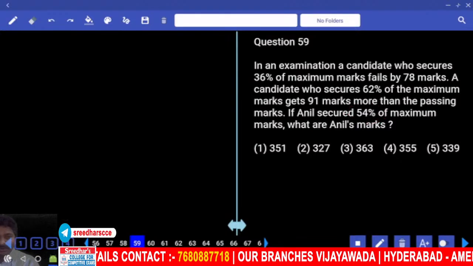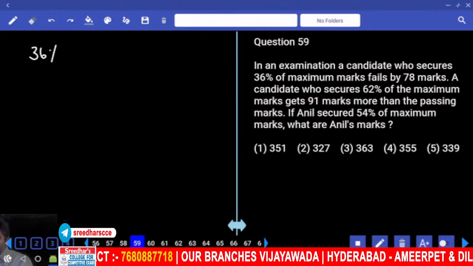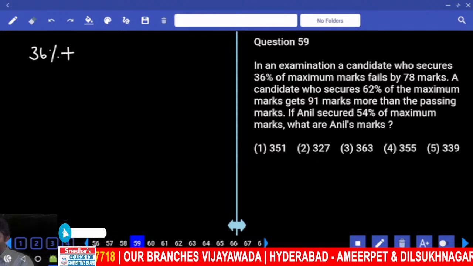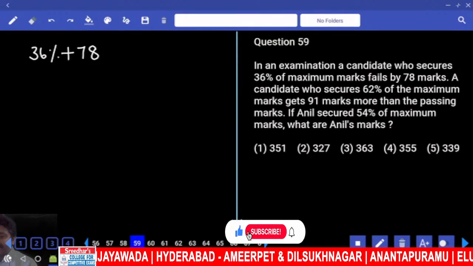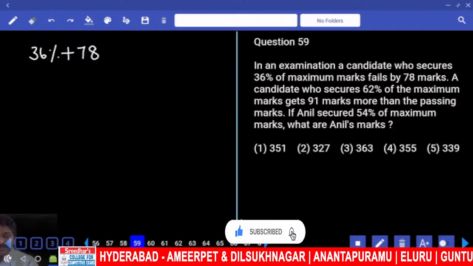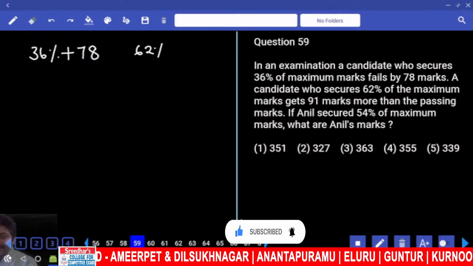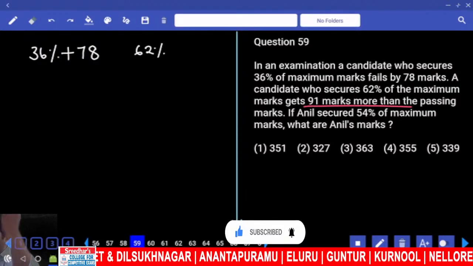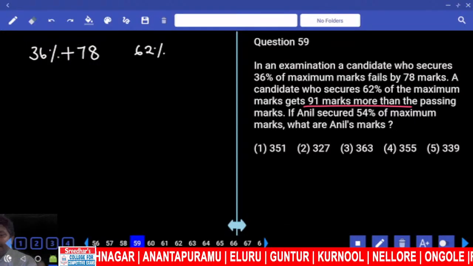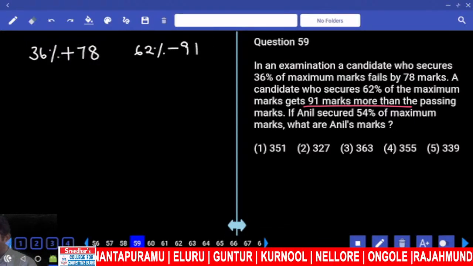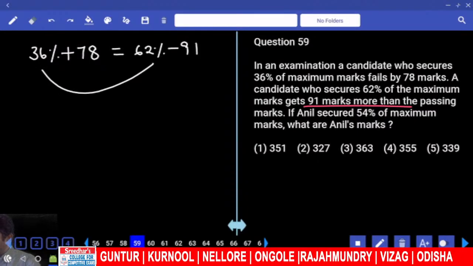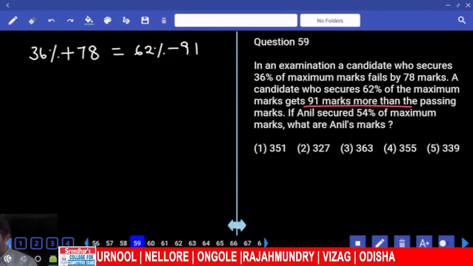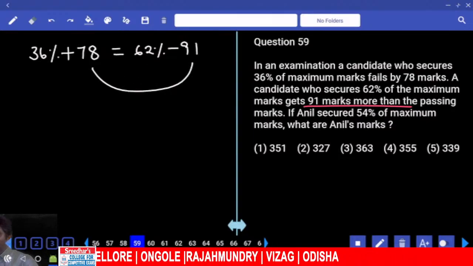Right. If you want to calculate, the first person scored 36% and got 78 less. To make him pass, we have to add 78. With respect to the first person, that is the pass mark. Whereas the second person scored 62%, which is 91 more than the pass mark. Then the exact pass mark will be minus 91. Take percentages to one side: 36, 62, difference 26%. 91 comes to the left hand side, 169.